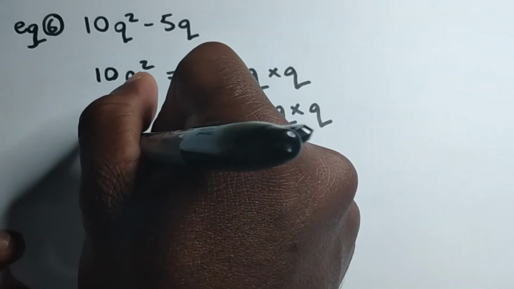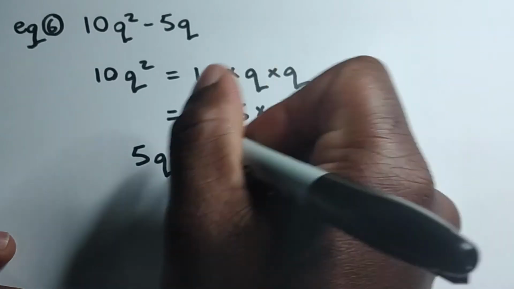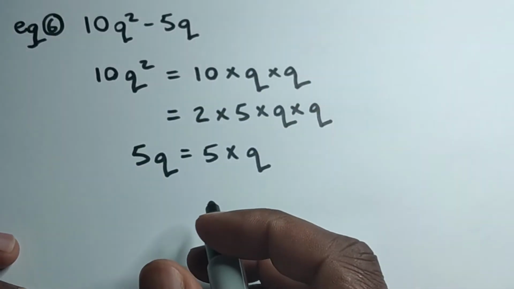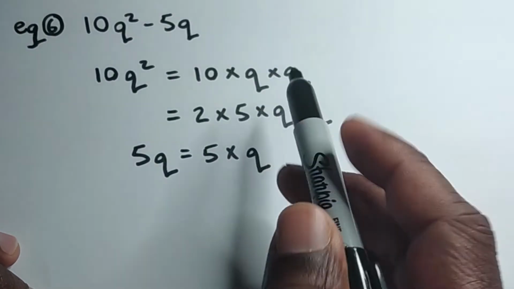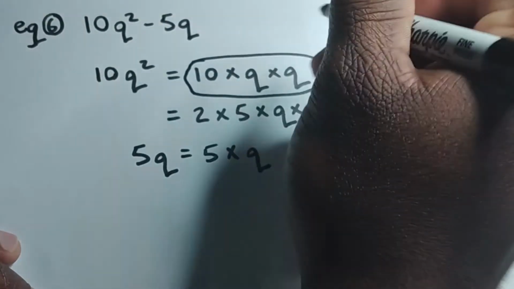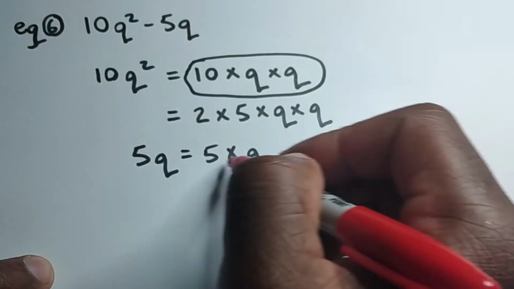Now let's write out the factors for 5Q. This is what? 5 times Q, all right? Now, we notice that we have 5 and Q common, so we're not going to pay attention to this part of it. What we're going to do now is identify what's common between this and this right here.